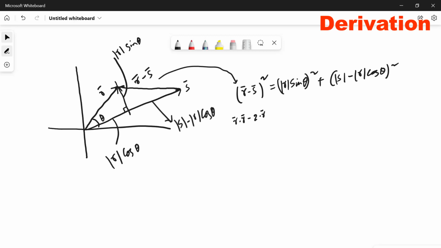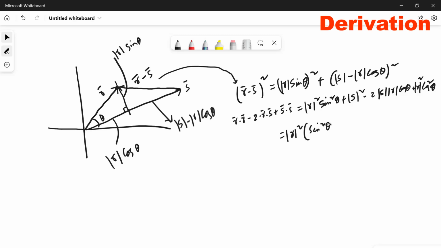We can expand the left hand side as this. And the right hand side is r mod square sine square theta plus s square minus 2s r cos theta plus r square cos square theta.